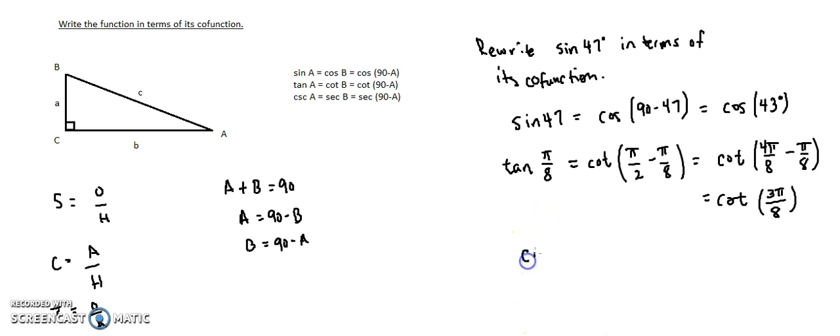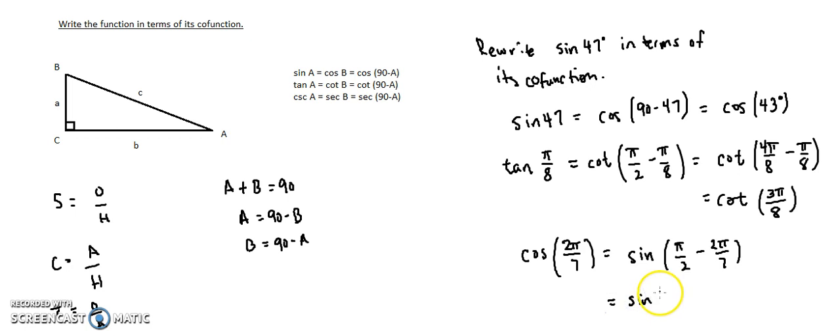And we could also do, let's say we've got cosine of 2 pi over 7. And we want to rewrite that in terms of its cofunction, so its cofunction is sine. So we do sine of pi over 2 minus 2 pi over 7. We need to get a common denominator again.